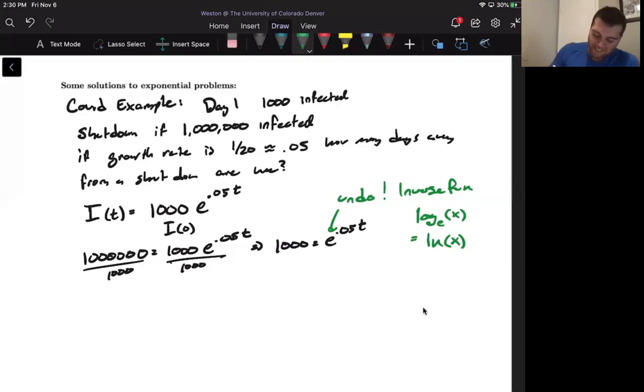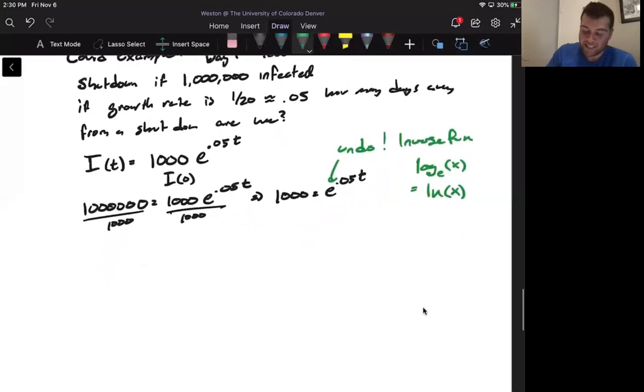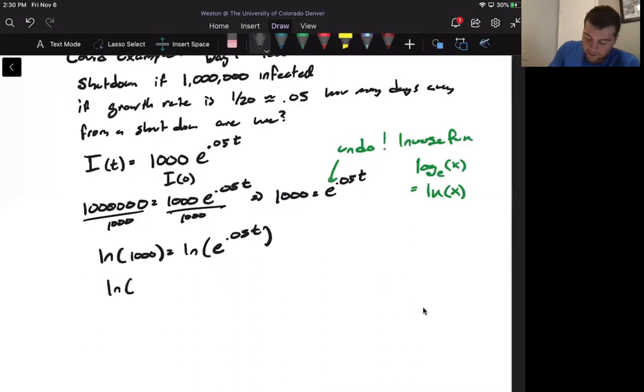All right, so we just apply that to both sides. We just apply the inverse function to both sides. And we're there. ln of 1,000 equals ln of e to the 0.05t. All right, we stick with ln of 1,000 on the left.